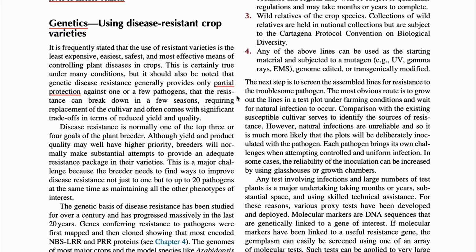That's fine, but they cannot give us total protection. They give us only partial protection against one or few pathogens, because that resistant variety is made targeting a particular pathogen or a group of pathogens. What about the rest of the pathogens, right? So yes, they give partial protection, not total.